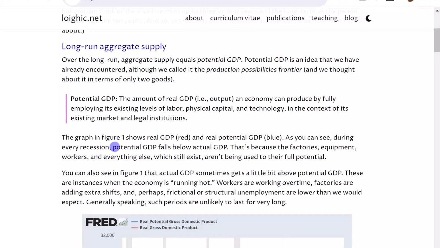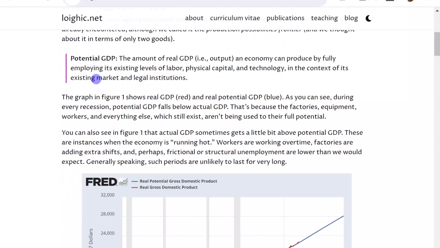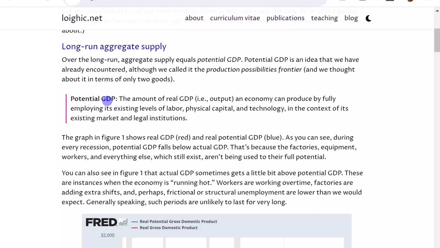Okay, so let's look at the definition of potential GDP quickly. So here I am at the top of the aggregate supply page. So potential GDP, the amount of real GDP, that is output, an economy can produce by fully employing its existing levels of labor, physical capital, and technology in the context of its existing market and legal institutions.